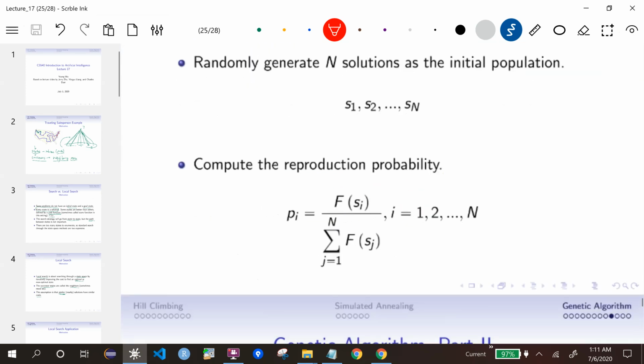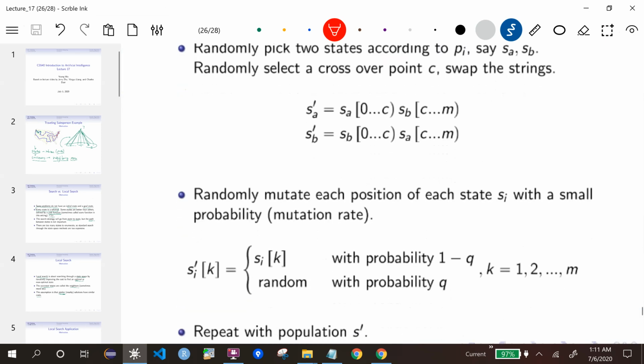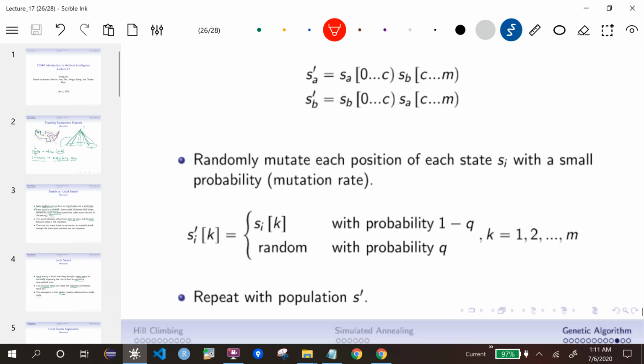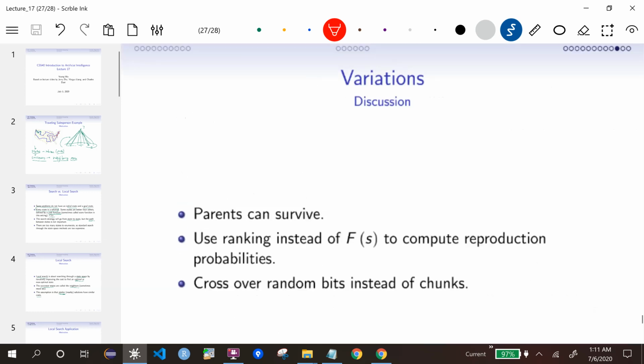Okay, so this is just a summary of what happened in mathematical notation again. And some of the variations that we could consider, for example, is that parents can survive. At the moment, in the version that we introduced, they only produce children. They don't survive to the next generation. But we can allow that, and we can use ranking instead of fitness.